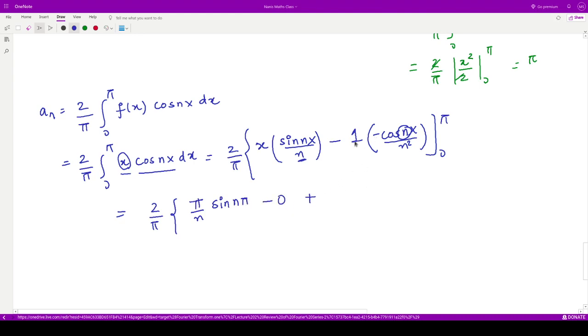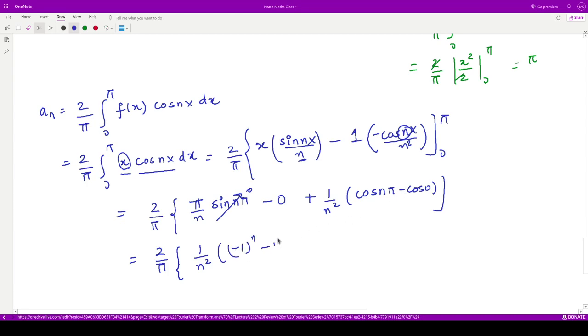Then this minus and minus becomes plus, so plus 1 by n square into cos of n pi minus cos of 0. Then sine n pi is 0, this term is also 0, so we are left with 1 upon n square. Cos n pi is minus 1 raised to power n, and cos of 0 is 1. So this is the value that we obtained after simplification.